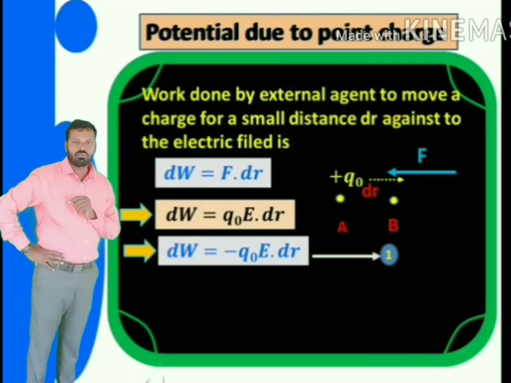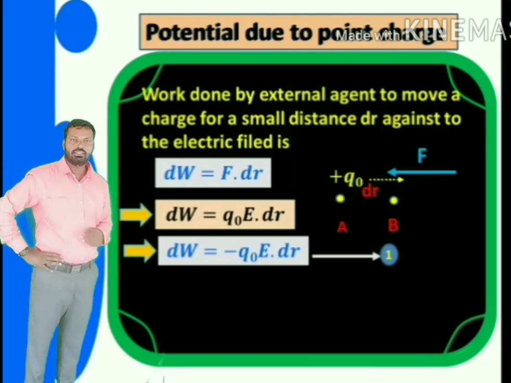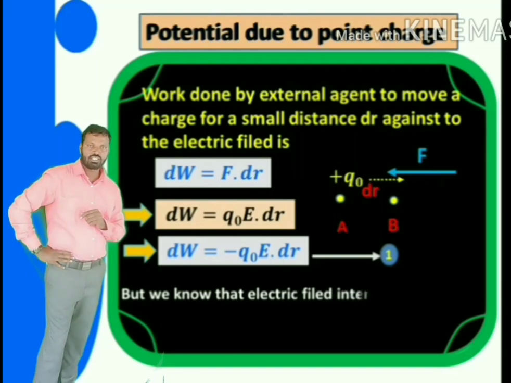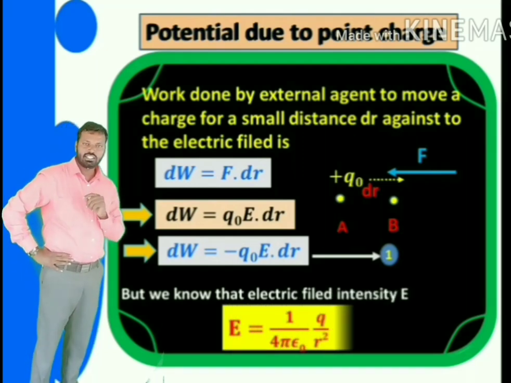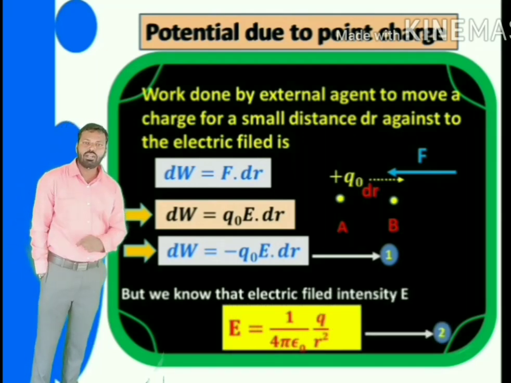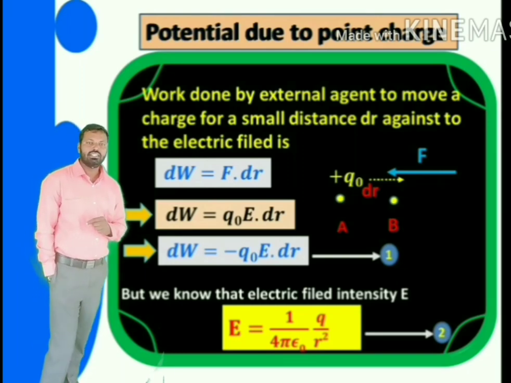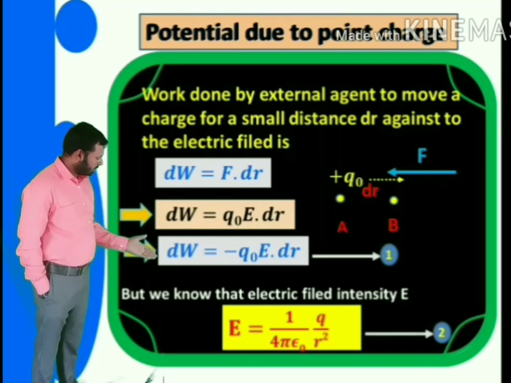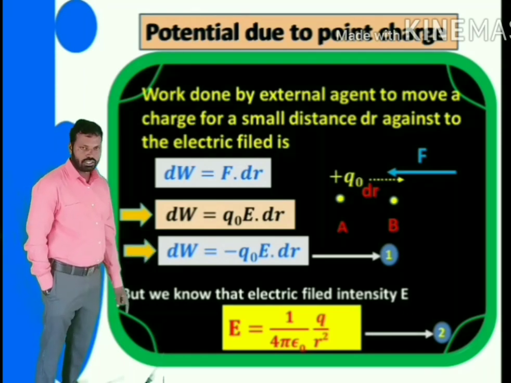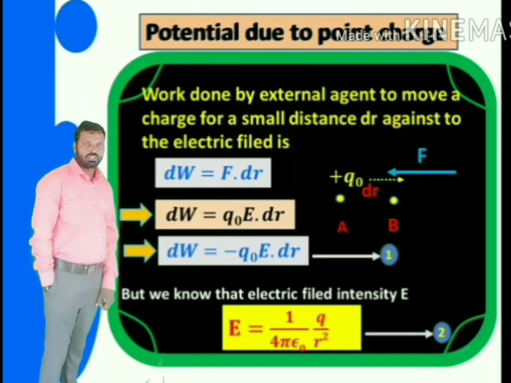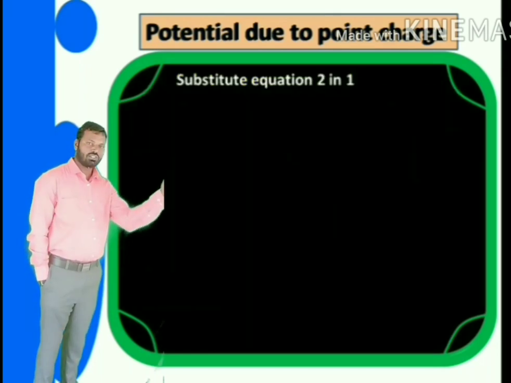So dw is equal to minus Q0 E dot dr. This is equation 1. But from the definition of electric field intensity, the electric field intensity due to a point charge q at a distance r is given by E is equal to 1 by 4 pi epsilon naught q by r square. This is equation 2. Substitute equation 2 in equation 1.